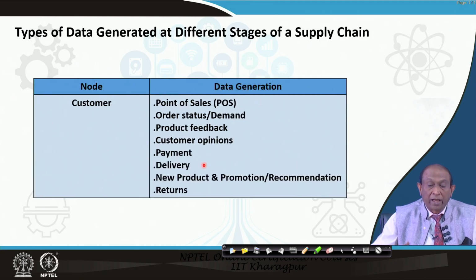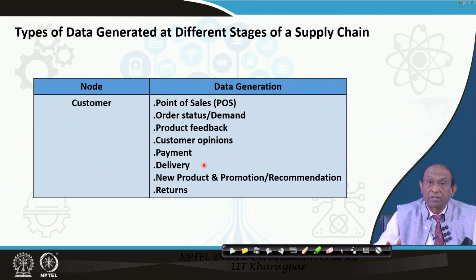Again, if you look at the customer side, what are the different types of data that we are gathering? The point of sales data, which must be disseminated across all stages in the chain to optimally manage the stock level in the supply chain, and this is being facilitated through electronic data interchange (EDI) and internet facilities.